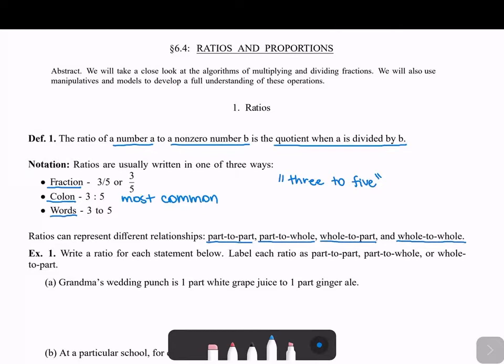Remember that fractions are typically regarded as part to whole, so typically people write ratios in fraction form when it's part to whole, because fractions do represent part to whole relationships.